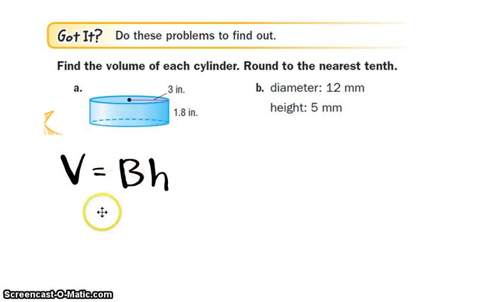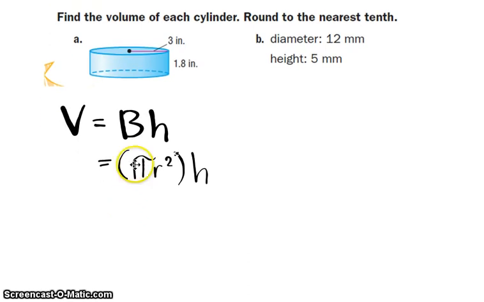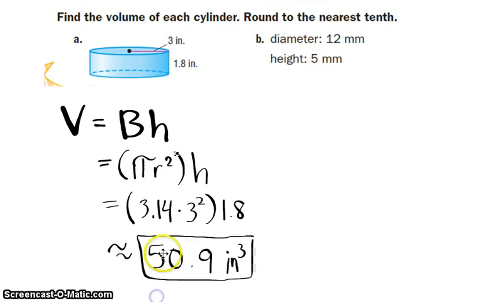We're going to replace it with pi r squared. Then let's plug in what we know. Our radius is 3, our height is 1.8. You should end up with an answer of 50.9 inches cubed. And again, I used the approximately sign because we rounded that pi, we used it as 3.14.